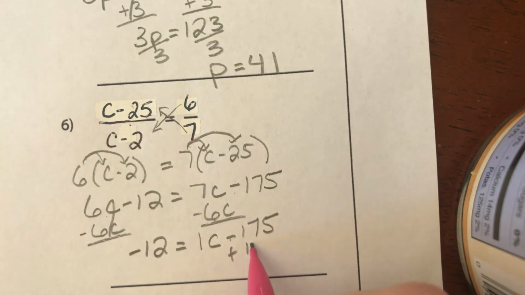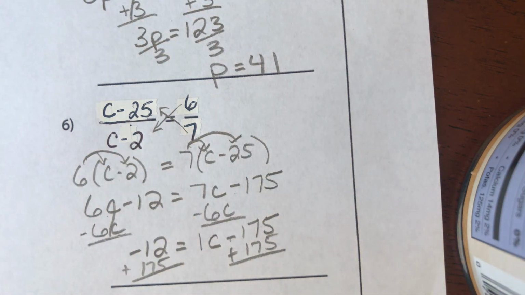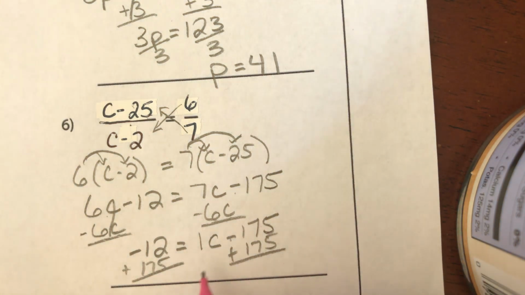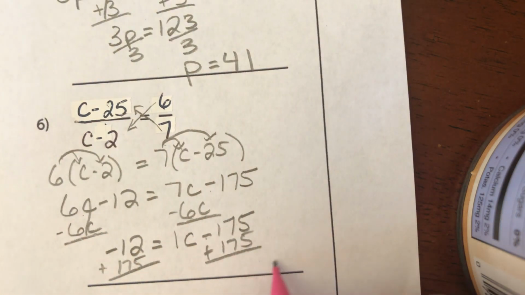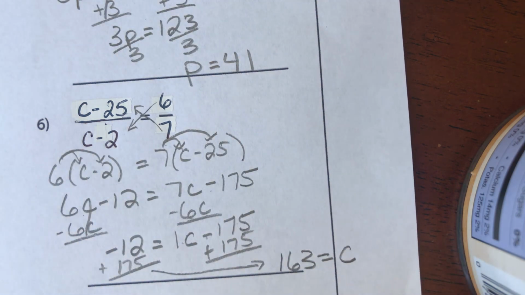Subtraction, so I'm going to add 175. Add 175. Negative 12 plus 175 is 163. I'm going to write it over here. 163. Well, and 1c is just 1c or c. So our answer is 163.